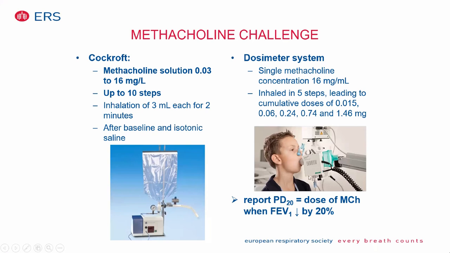But the more modern, easier method is using a dosimeter system where you have a single methacholine concentration, and by inhaling in different steps, you increase the cumulative doses, in a similar protocol, doing a baseline spirometry and perhaps resistance measurement, and then repeat the measurement after each of these steps. And what you report is the provocative dose that leads to a drop in FEV1 of 20%.